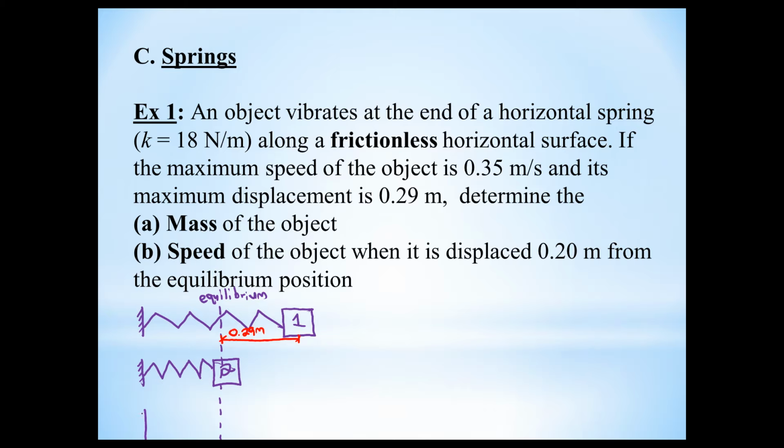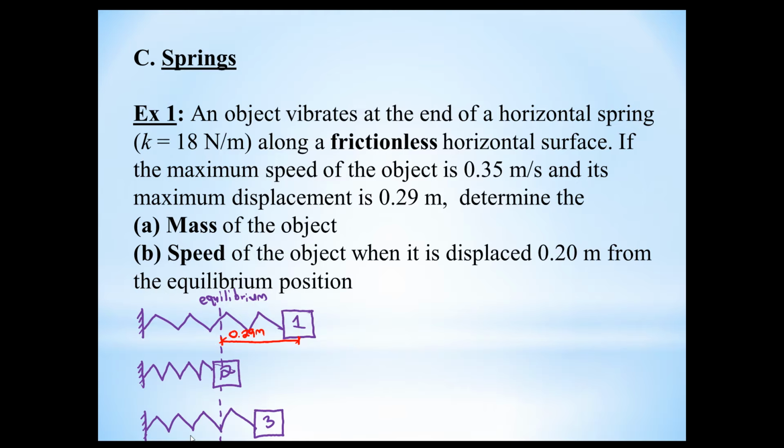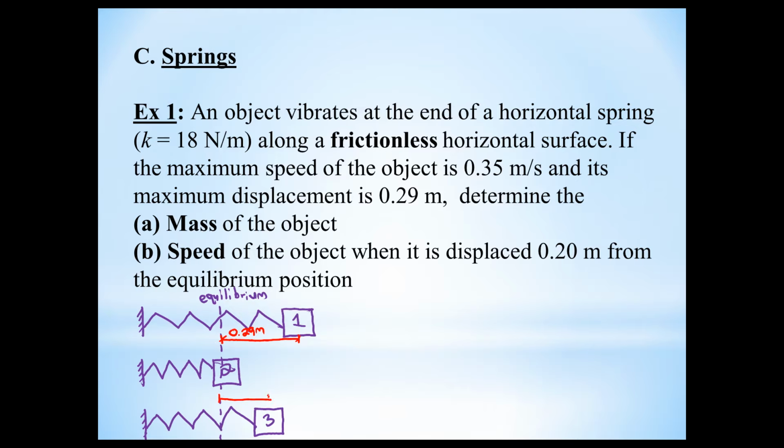We'll get into that in part C, but that's an in-between state. So it's between the equilibrium position and the amplitude. So it might be like somewhere over here. Call that 3. Okay, and this distance is 0.20 meters.